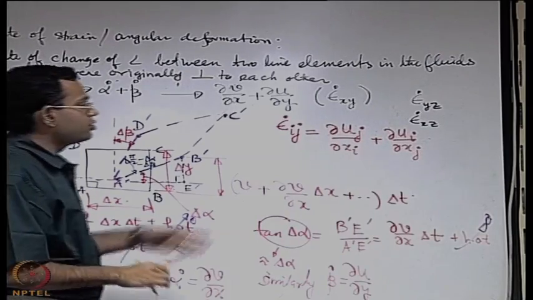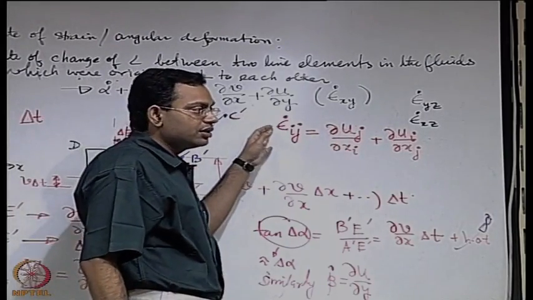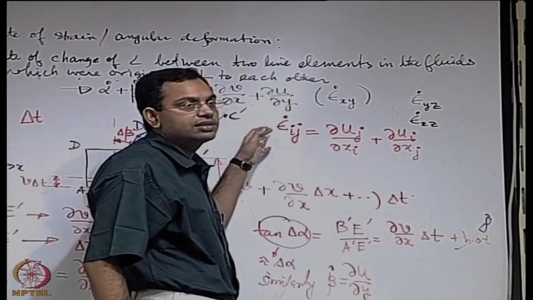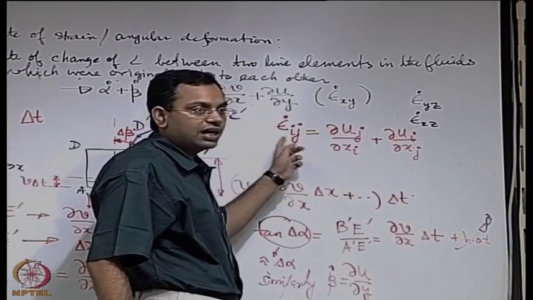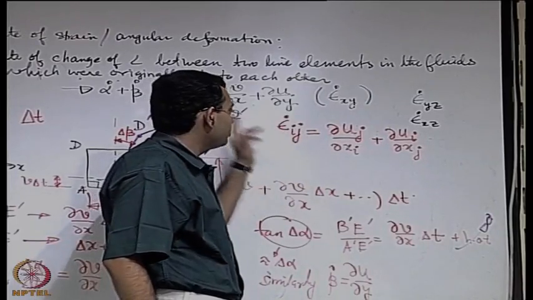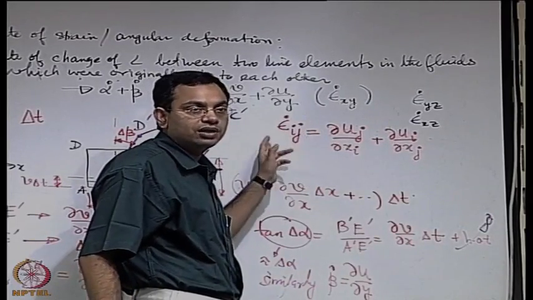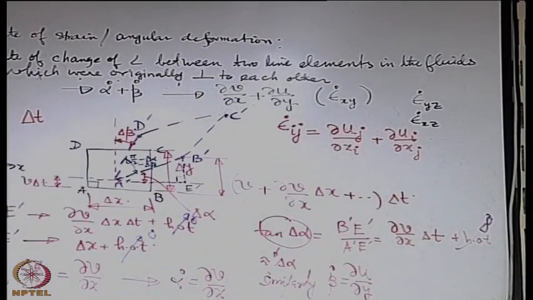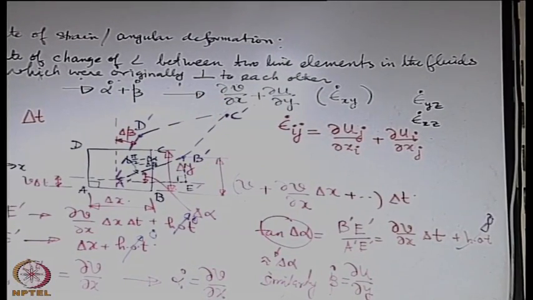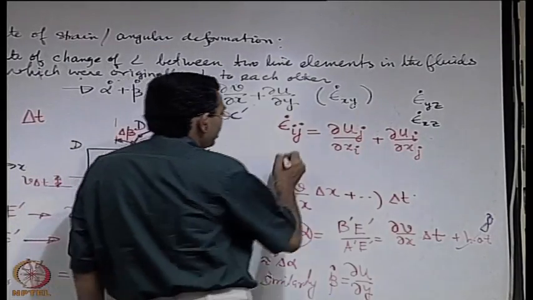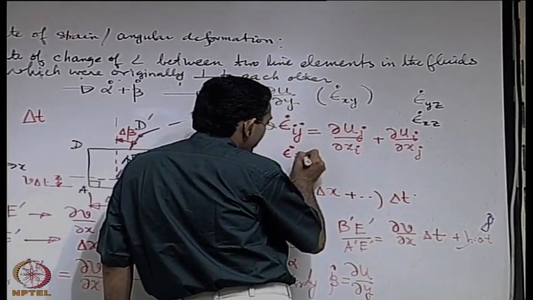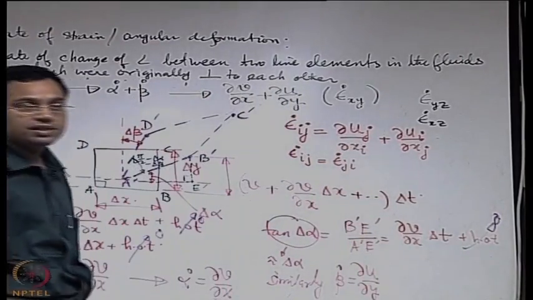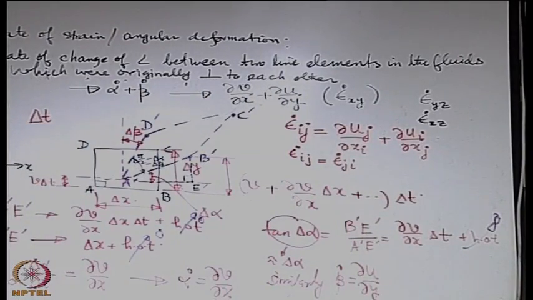The advantage with this notation is now once you write it, you do not have to bother whether you are writing in xy plane, yz plane or xz plane. It is like you just replace i and j with the particular indices 1, 2, 1, 3, 2, 3 like that. One important observation that you can see is epsilon dot ij is same as epsilon dot ji, just replace i with j and j with i.